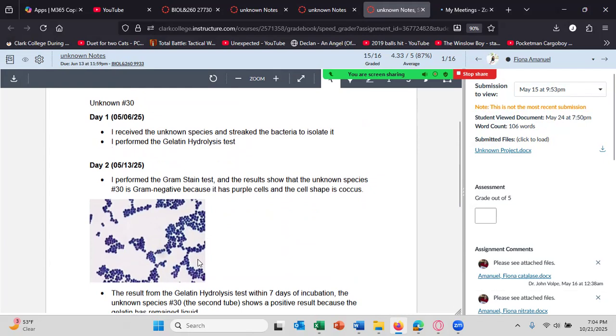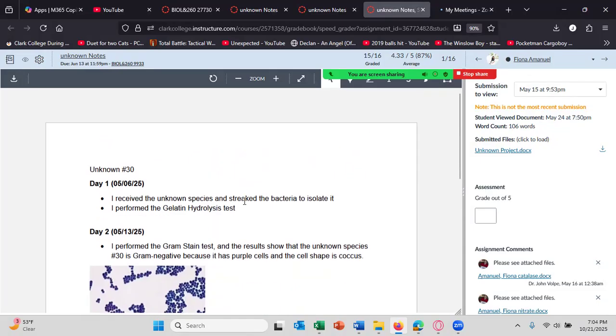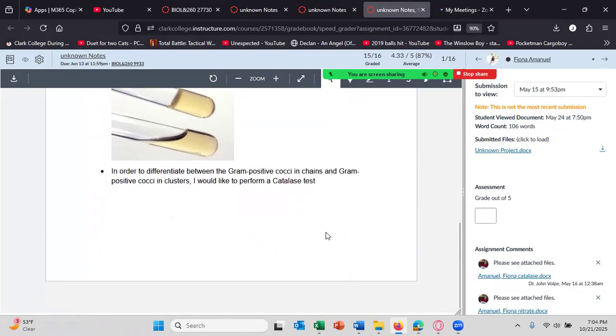And then she put up the results I sent to her. So you can see the cells look purple and spheres. So that's the result and observation. And she stated the purple cell shape is coccus. So that's the result, and then the interpretation is gram negative. And then she has the gelatin hydrolysis test, starting 5/6, the gram stain 5/13, and the results probably on 5/13.